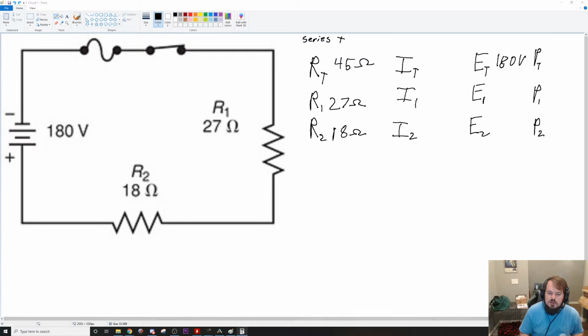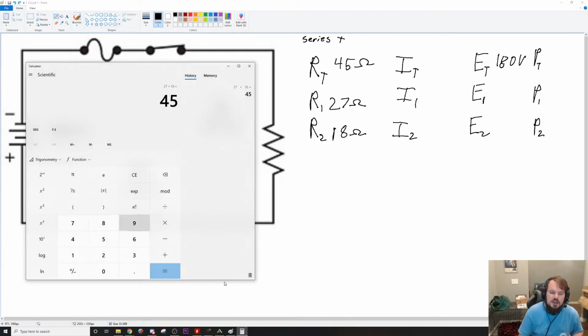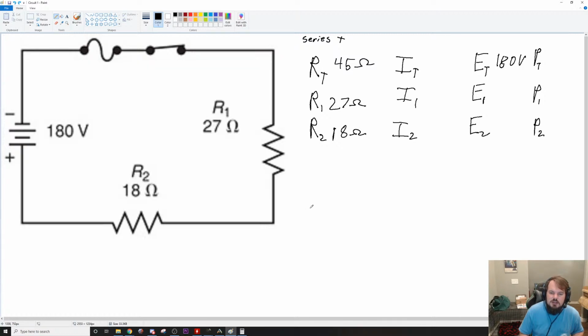Alright, so 45 and 180. Well, 180 divided by 45, so E divided by R will give you I. Let's write that circle down here.